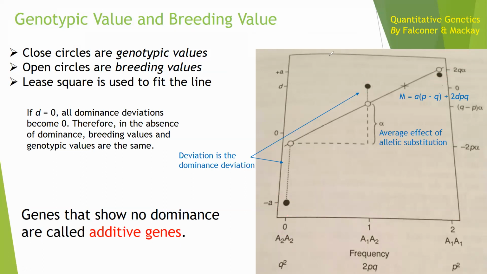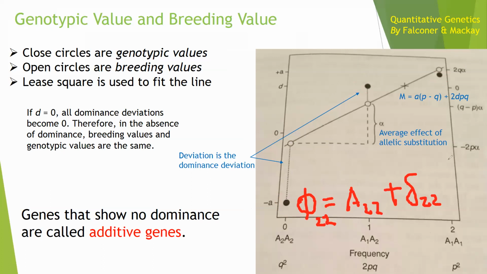So we understand each genotypic value actually consists of the breeding value, let's say this is 522, plus the dominance deviation from this genotype.